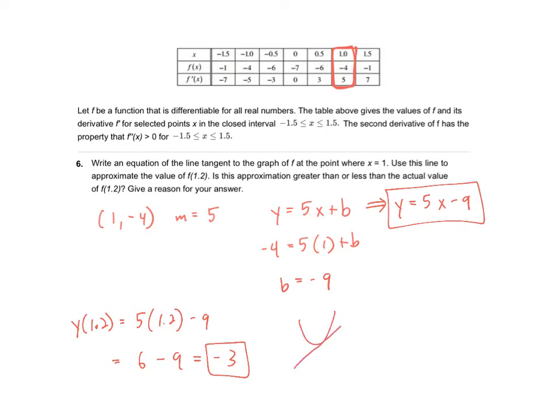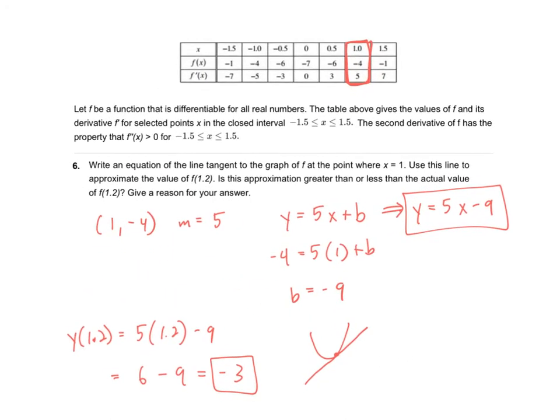So anytime you have a function that's concave up and you have a tangent line, the approximation for the tangent line, you can see, is going to be smaller than the actual value of the function. It's going to be less than that. So this approximation is less than the actual value of the function at 1.2. Is that everything? Yeah. Okay.